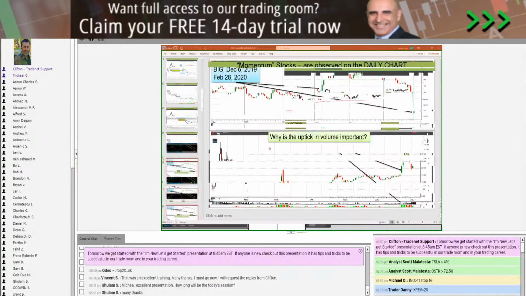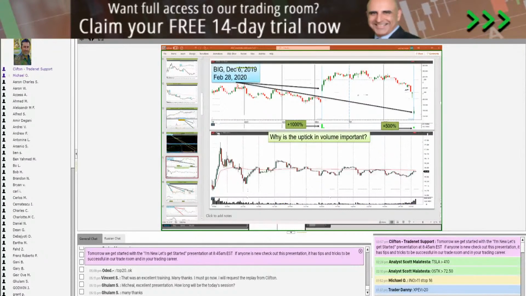Now, this is an example from December 6th, 2019. Two examples actually: December 6th, 2019 and February 28th, 2020. On December 6th, we have a big pickup in volume in BIG. And on February 28th, we have a gap down and still a pickup in volume.